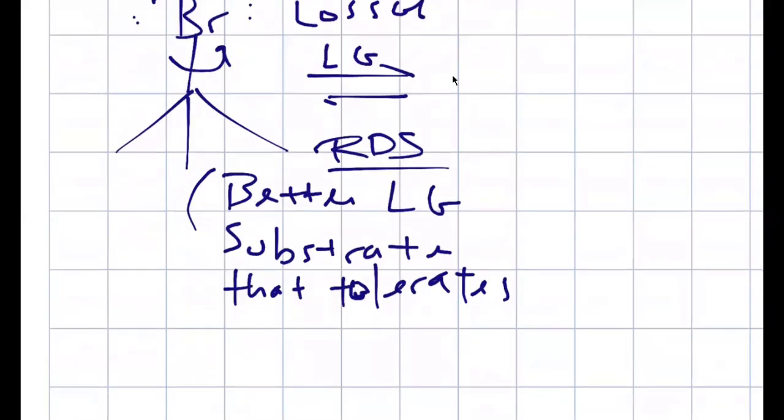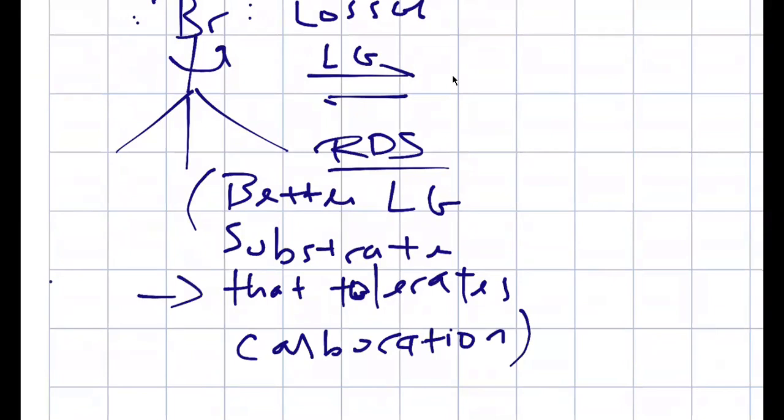That would help speed it up. That's how you can increase the rate: use a better leaving group, or use a substrate that, when the leaving group leaves, gives you a stable carbocation intermediate.